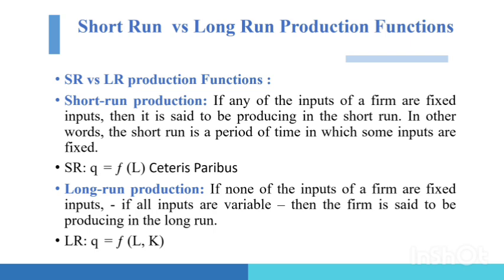Then the long run production function. The long run production function is the converse of the short run production function. So what does it mean? It means it is a period during which all factors are variable, and none of the inputs of a firm are fixed. In the long run, the firm can change its plant.